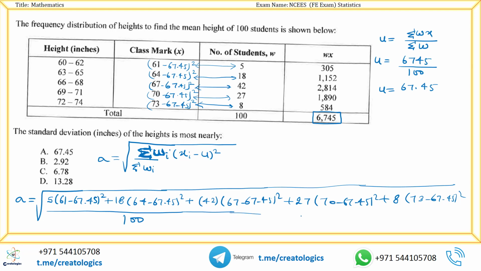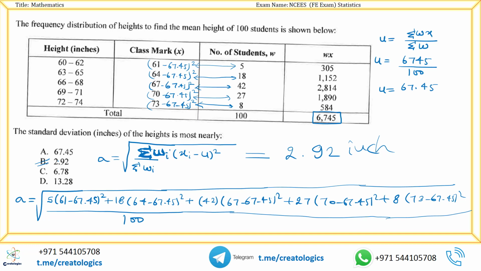Okay, so use the calculator to get this value. We will get the value 2.92 inches. So which of the following options is nearest to that? Yes, you are right, option B is the correct match.